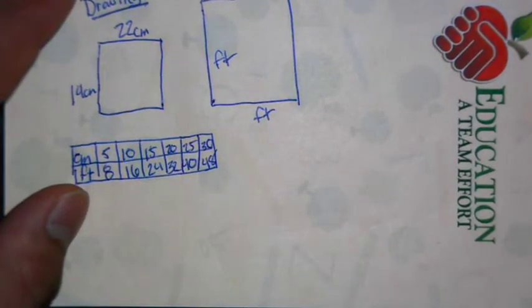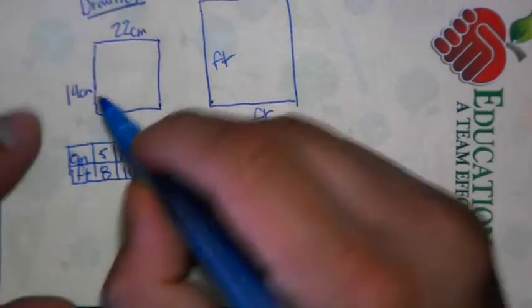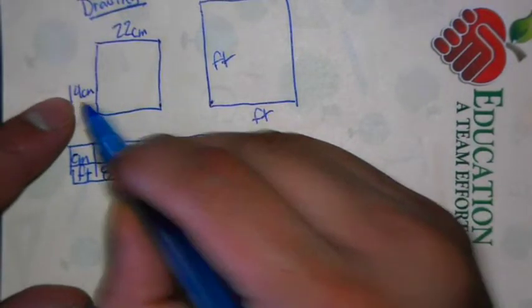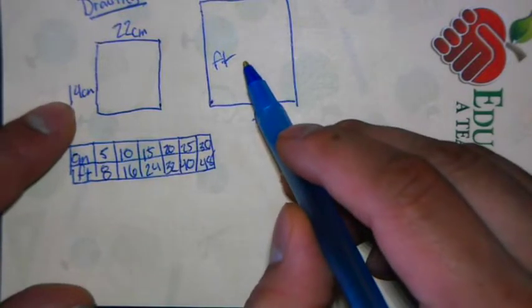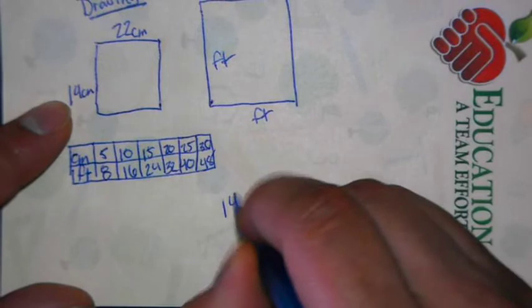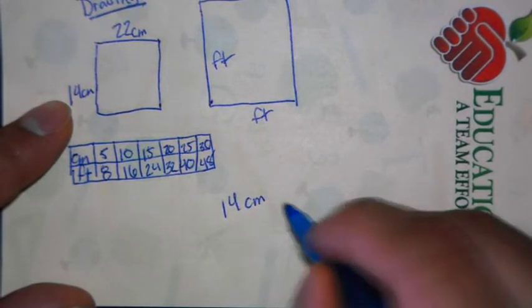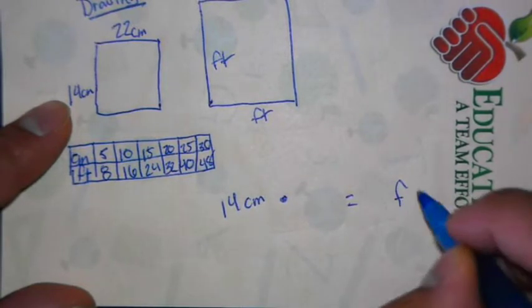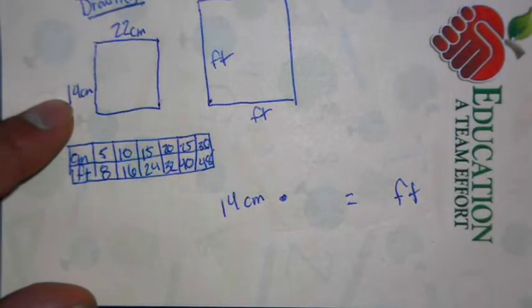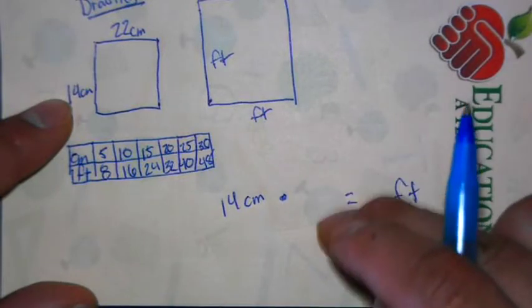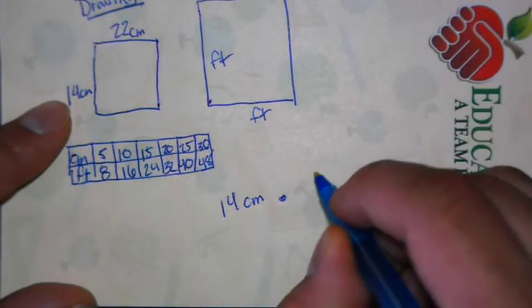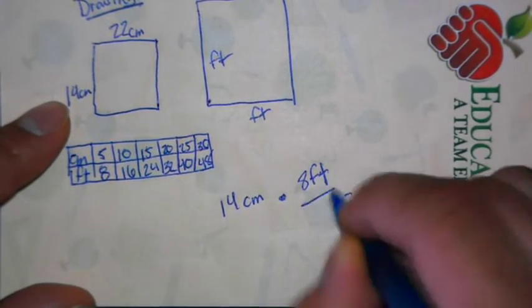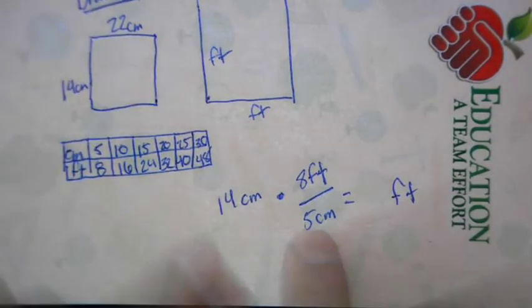So let me continue. I have a dimension that is 14 centimeters, and I need to figure out how many feet that is. So I know that I'm going to turn 14 centimeters, using my scale factor, into my answer in feet. So that should be the original setup. And all you have to do is flip the scale factor around, so that my answer ends up in feet.